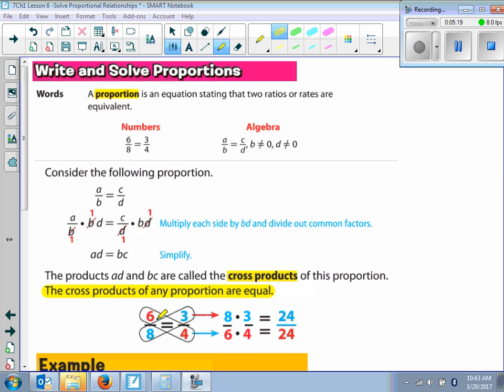And 6 times 4, that also gives us 24. Those are cross products, and they are equal. When you have equal cross products, that means that the ratios are equal. And if the ratios are equal, then they form a proportion.